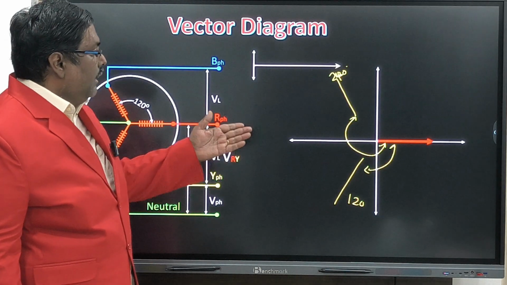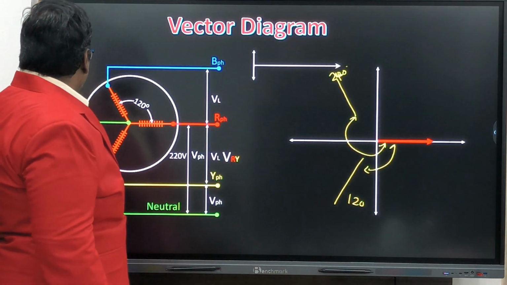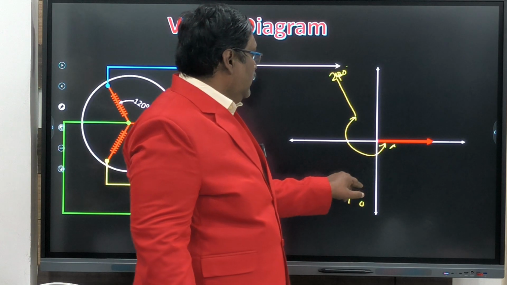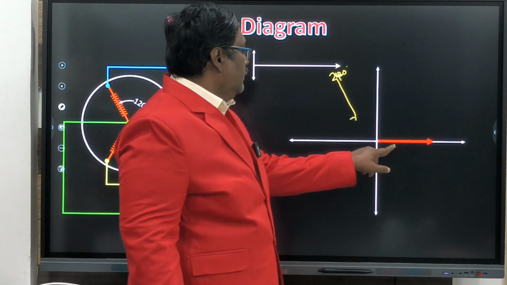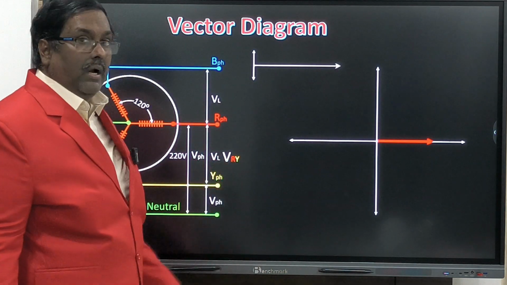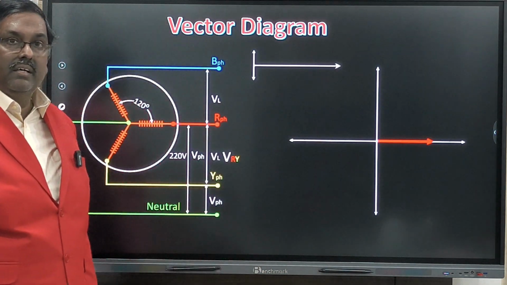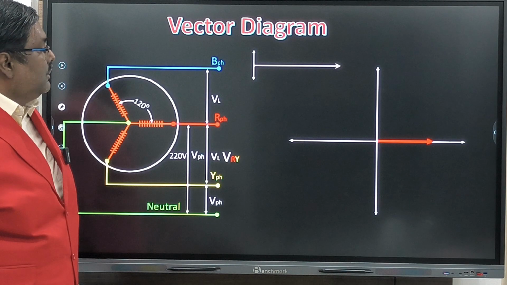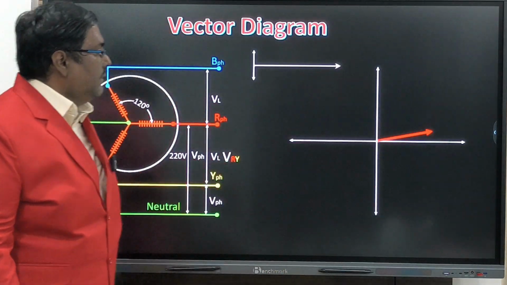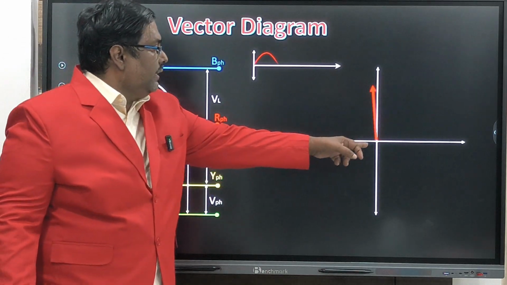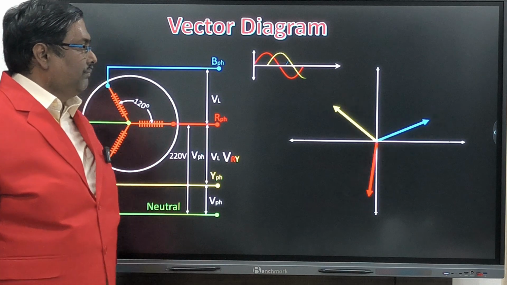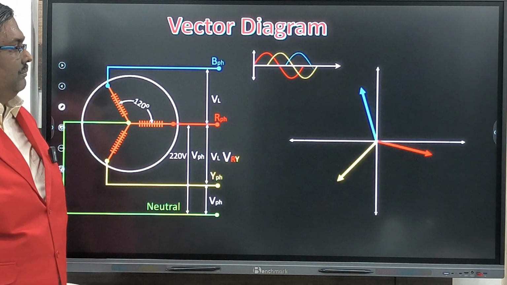So now what I am going to do, I will erase all this, otherwise it will get confusing. Now I am going to start the vector revolution. Then you see what is happening: when red is coming here, the yellow will start. See, if it is coming here, you see the yellow will start, right? And when yellow is coming here, then blue will start, and it is going to the final position.